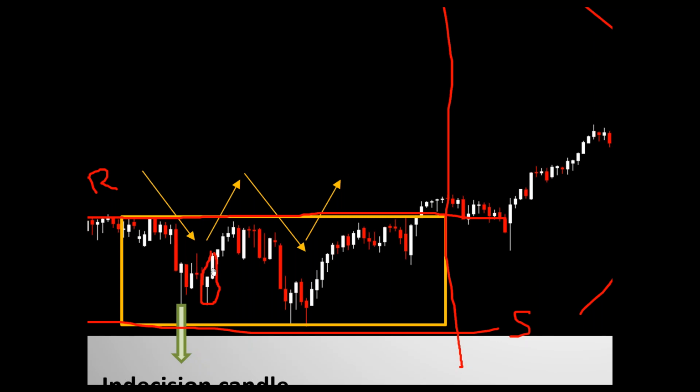So that was my reversal sign. I could enter long over here at the close of this candle with the target at my resistance level, or slightly below the resistance level, just to be in a safer position.